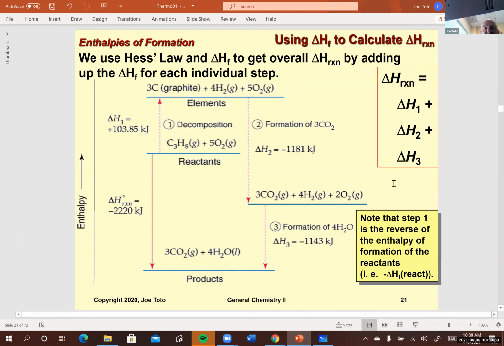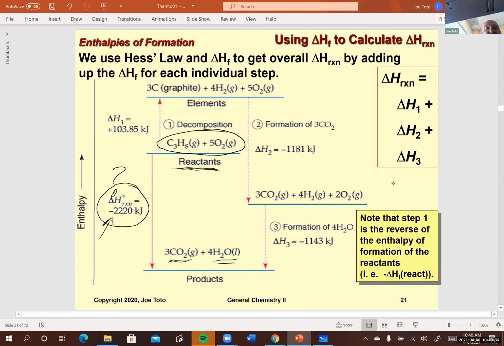I have this reaction of propane, and I'm going to combust propane with oxygen. These are my reactants. So I want this delta H because I'm going to combust it and form CO2 and water. But I don't want to go to the lab and get this number. Is there a way to get that value using Hess's law and this idea of delta H of formation?